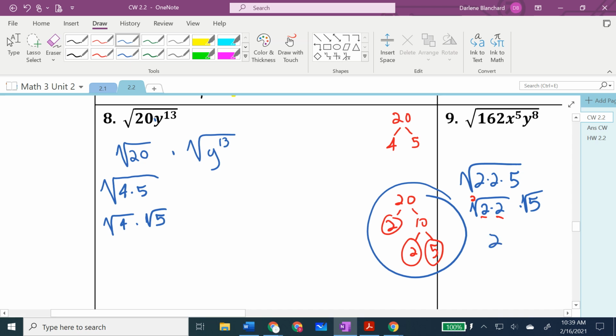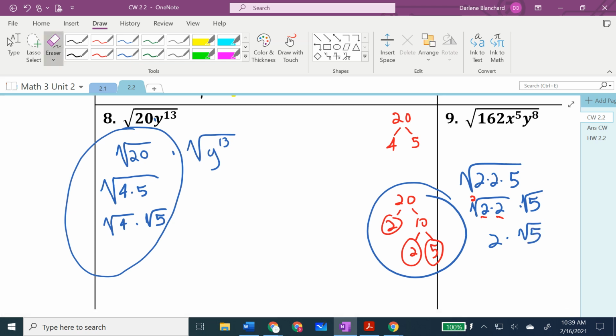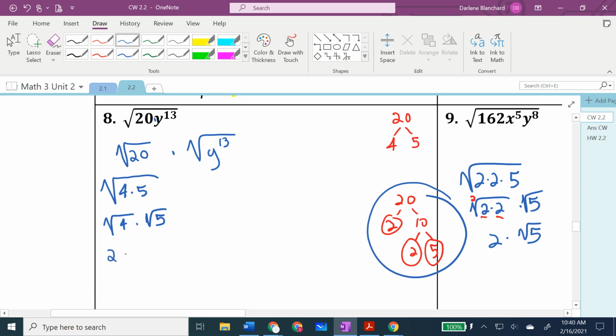But while everyone thinks differently, I think for most people it's easiest if you see it this way. I should add that on. So the number by itself is 2 times the square root of 5.